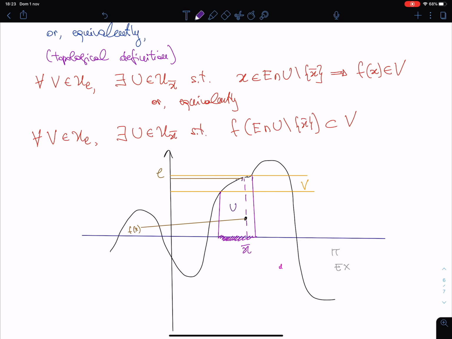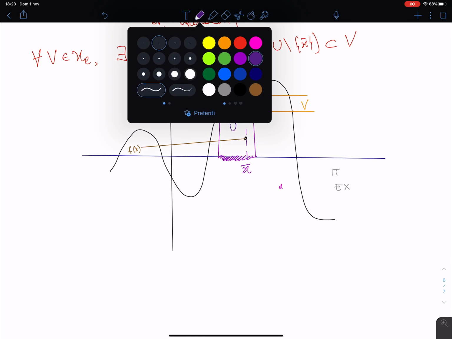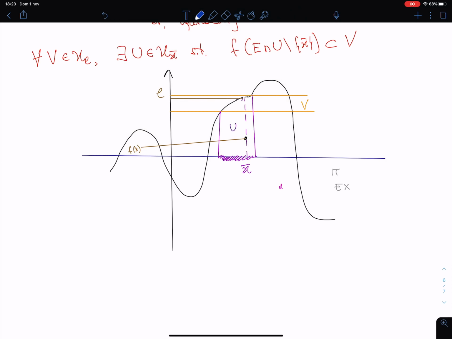In order to do that, we have just to define what is a neighborhood of plus infinity and of minus infinity. Okay? So the last definition is more abstract. At first sight, probably you don't like it, but then you will love it.